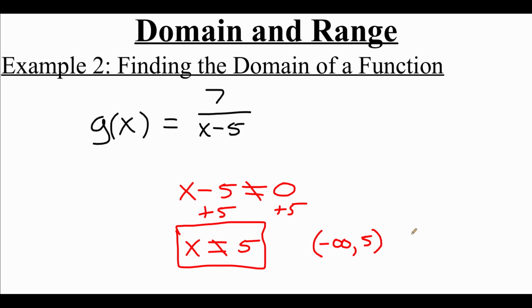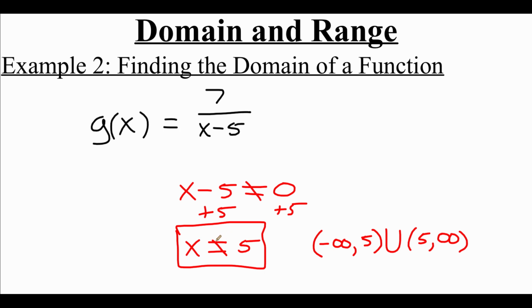But we can have values that are bigger than 5. So we actually need to open up another interval in here and start this one at 5, not included. And we could have any number that's bigger than 5. So that's going to run out to positive infinity. And to show that it could be in this first interval or in this second interval, we put a union symbol between them. And that just looks like a U.